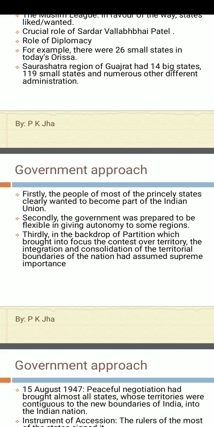And third, in the backdrop of partition, which brought into focus the contest over territory, the integration and consolidation of the territorial boundaries of the nation had assumed supreme importance. Yes, children. In the backdrop of partition, what was the focus that got shifted? The contest over demarcation of boundaries.